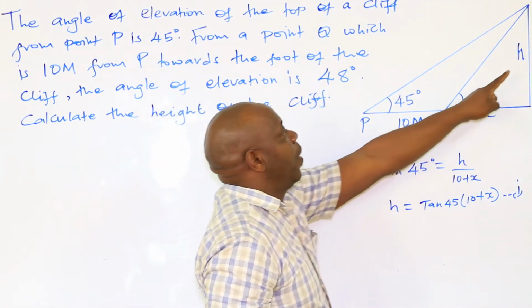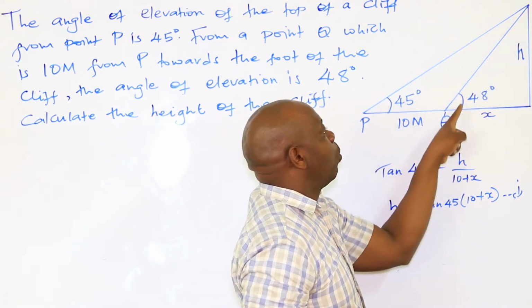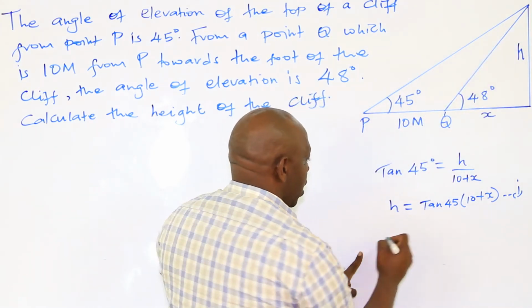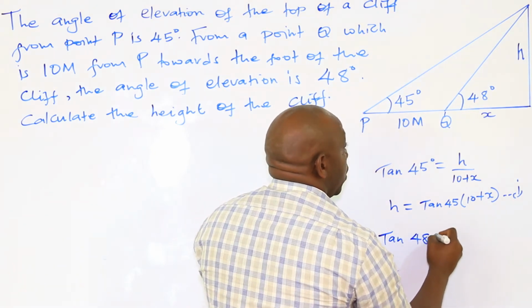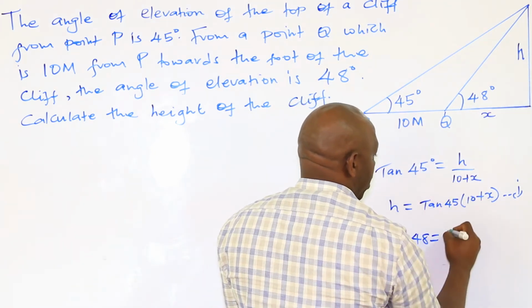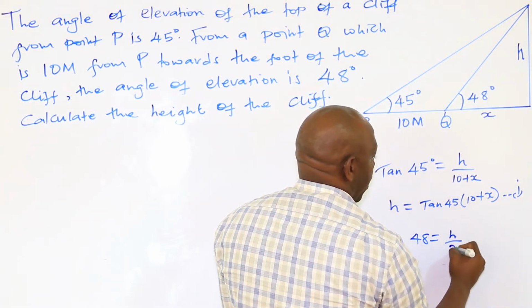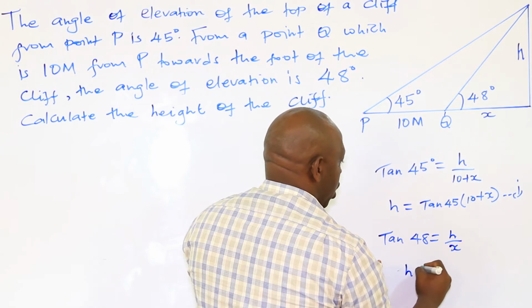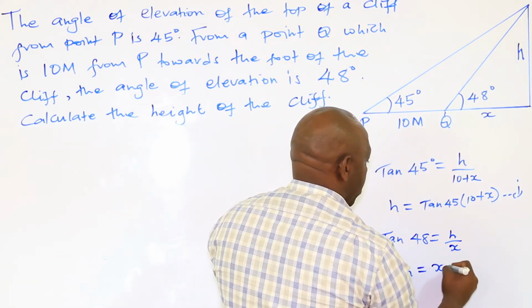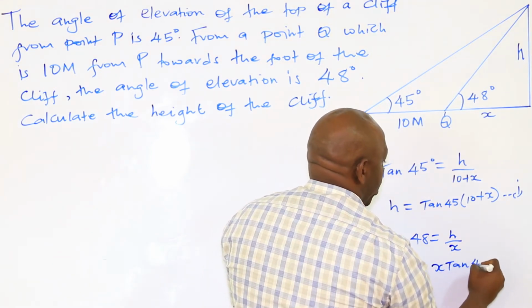Again, you can get the same height from this smaller triangle here, and you say tan of 48 now equals to opposite h over x. Make h the subject, h equals to x tan of 48.